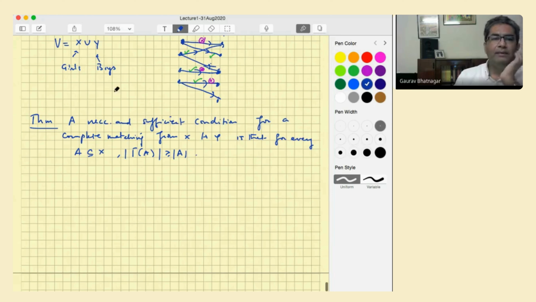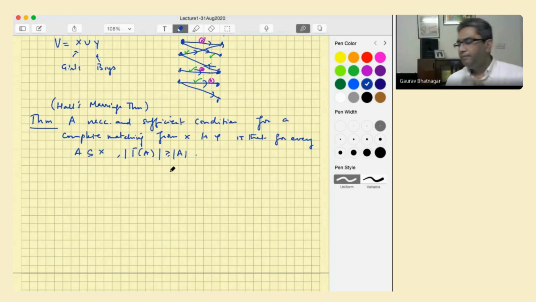So this is known as Hall's marriage theorem, one of the formulations. So the proof is very clever.